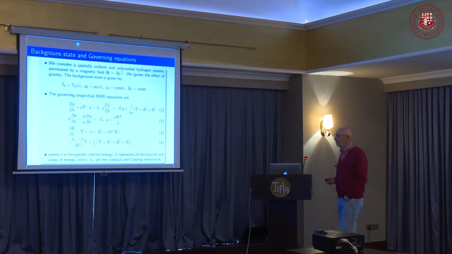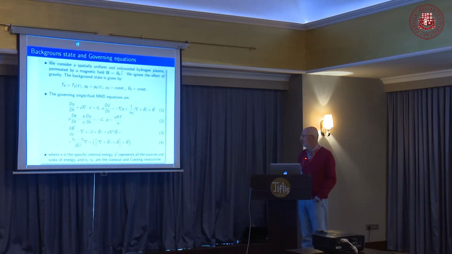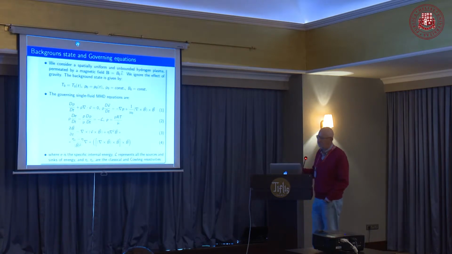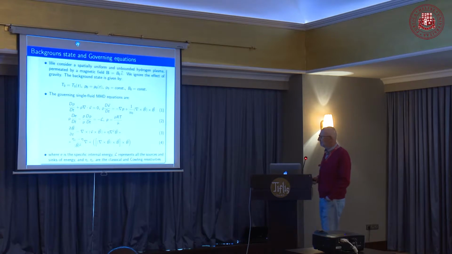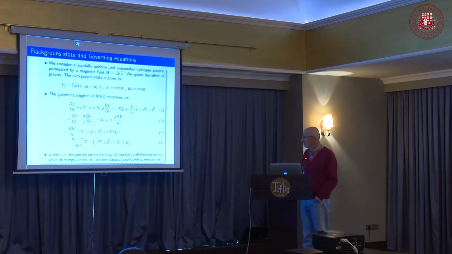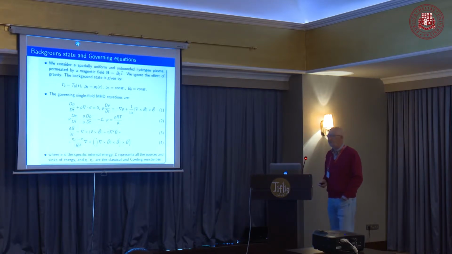We use the single fluid MHD equations: the continuity equation, the momentum equation, the energy equation, where E is the specific internal energy and L represents the sources and sinks of energy, the equation of state, and the induction equation. In the induction equation, we have the classical resistivity and also ambipolar diffusion. Eta C is the Cowling resistivity.